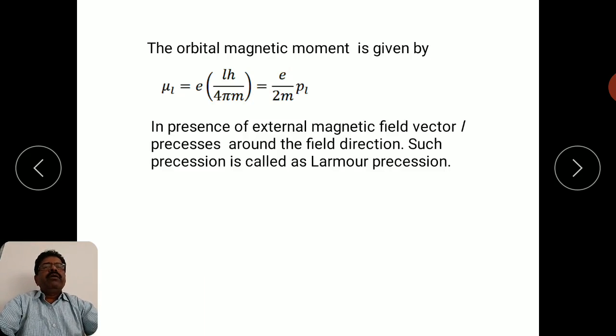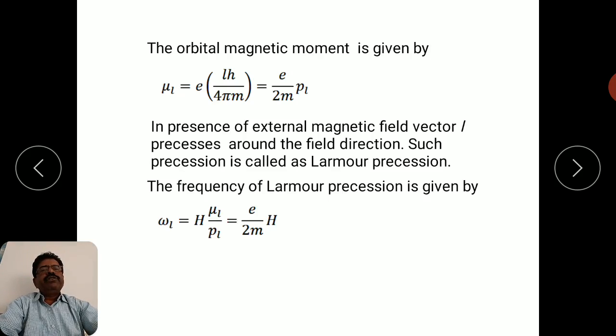Okay, so you know that in presence of external magnetic field, this vector L precesses around the field direction, and we have already discussed this kind of precession. This is known as Larmor precession, and we have also derived the interaction energy by considering this Larmor frequency omega L. So this frequency of Larmor precession omega L, as we have studied earlier, is given by h into mu L upon PL, where mu L is the orbital magnetic moment, and PL is the angular momentum vector.